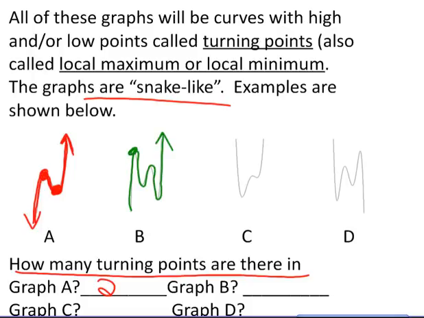So I have 1, 2, 3, 4 turning points. C would have 1, 2, 3 turning points. And graph D, 1, 2, 3, 4 turning points.